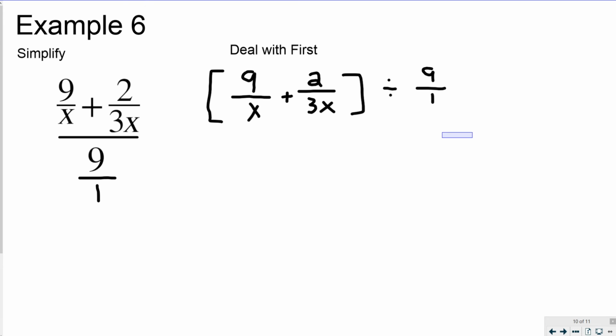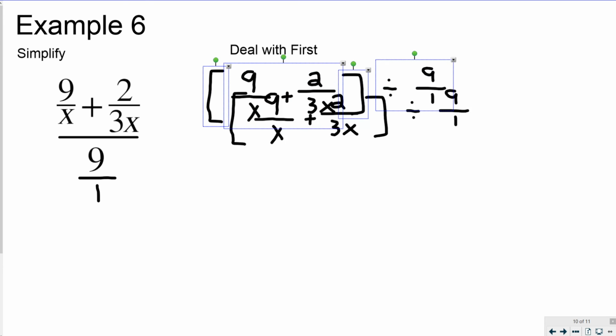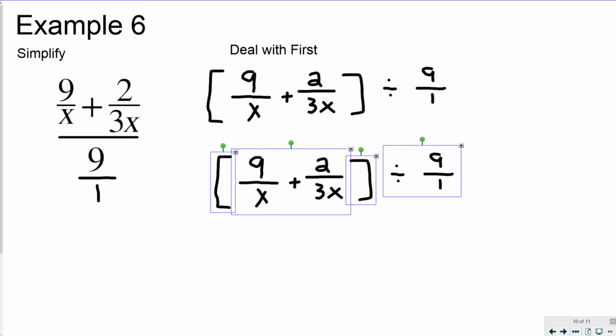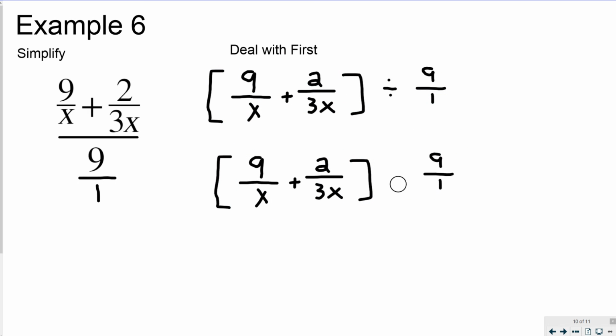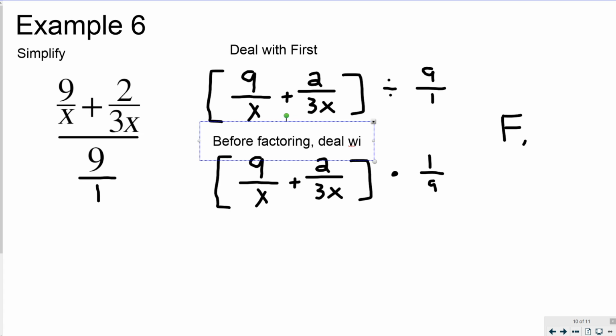So essentially, I'm going to take these things, I'm going to copy them, and I'm just trying to accelerate how fast I get through this. It's going to be times 1 over 9. So I have flipped it. The next thing that I'm going to do is, before I factor, I need to make sure I deal with this bracket. So before factoring, deal with bracket.